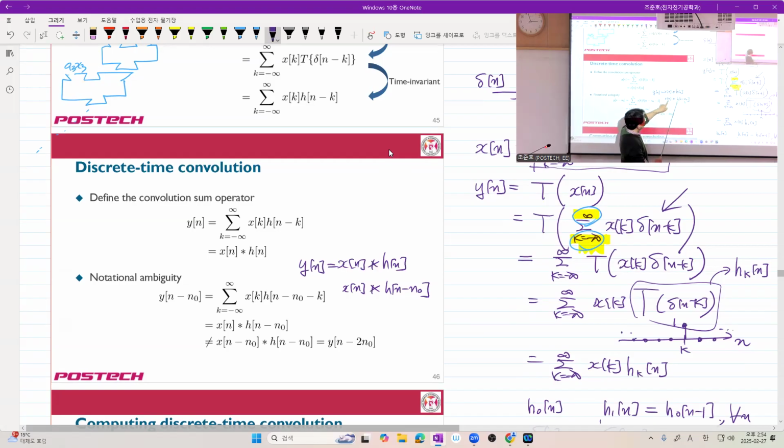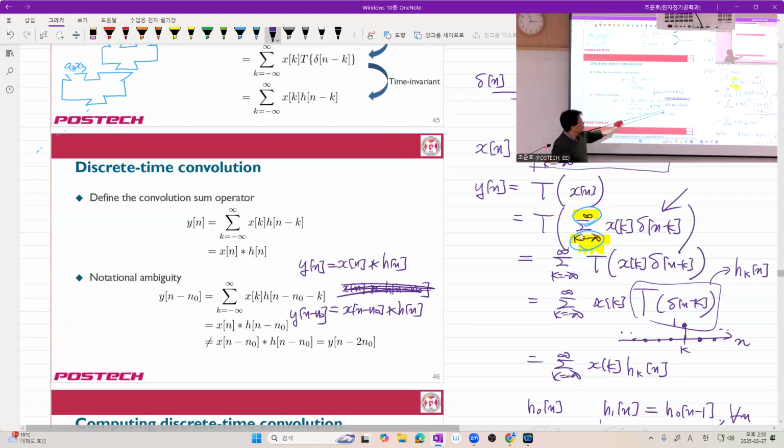Now, your new output, right? Let me do this first. It's confusing, so let's delay the input first, even though it doesn't make too much difference. Suppose the input is delayed, then what would be the output? A delayed version of the original output.